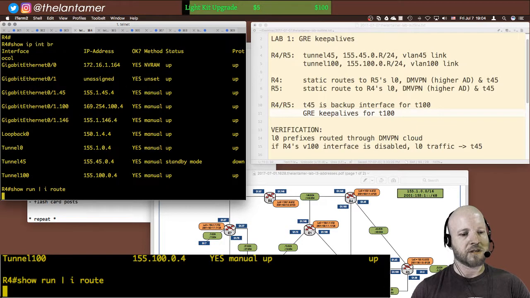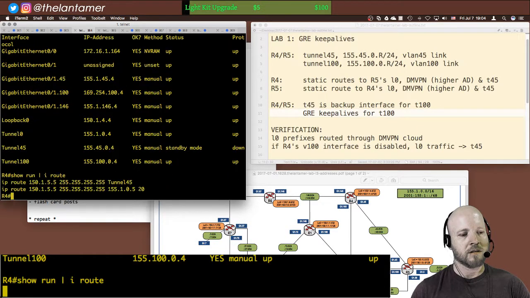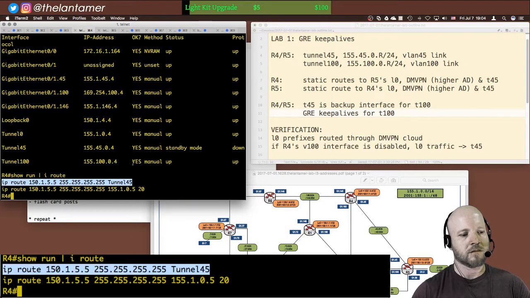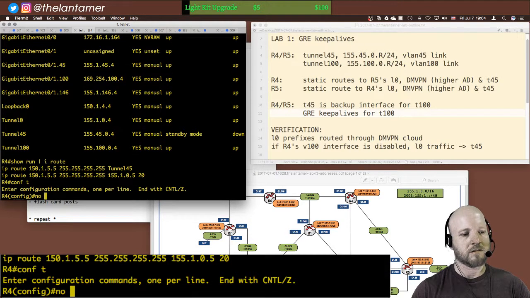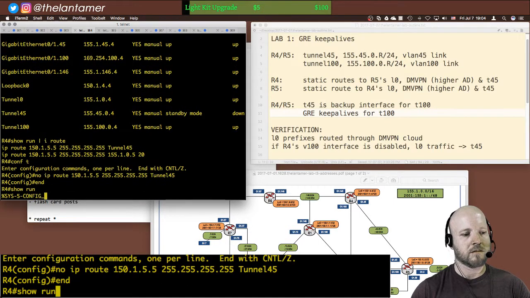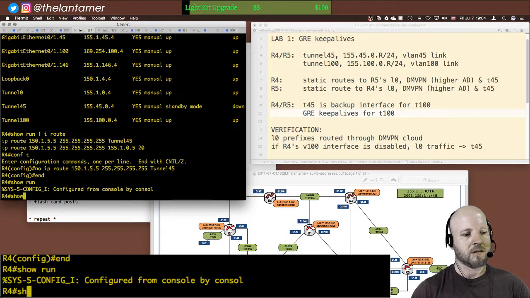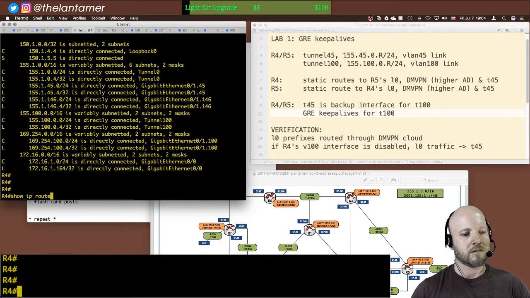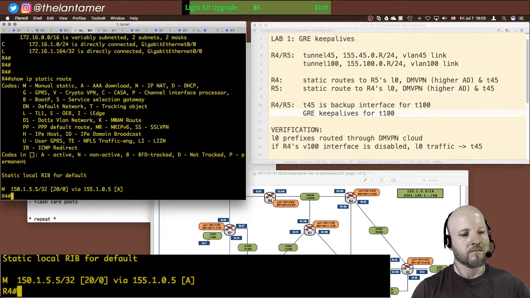What if we change this route here? So what if I take this one out? Now it's there.